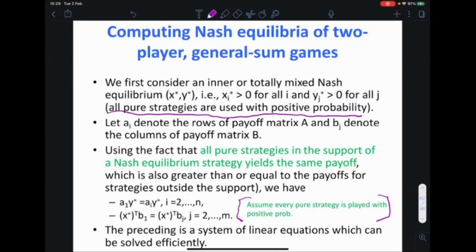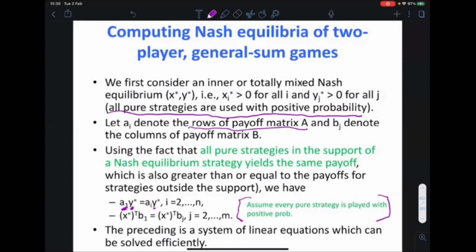So in the Nash equilibrium, when I choose my policy Y, A_1 is a row of the payoff matrix A, and when you multiply it with Y star, that is the expected payoff for player one choosing this first pure strategy.